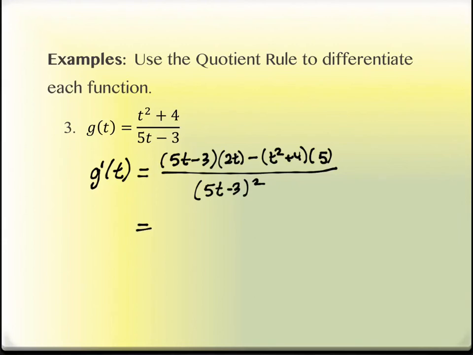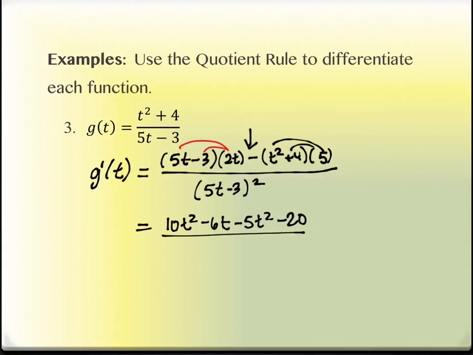So we have 2t distributing through to give me what? 10t squared minus 6t. And then I have the 5 distributing through and the negative, right? So keep that in mind. What will that give me? Good. I think I'm hearing all the pieces coming out. That's great. Minus 20.